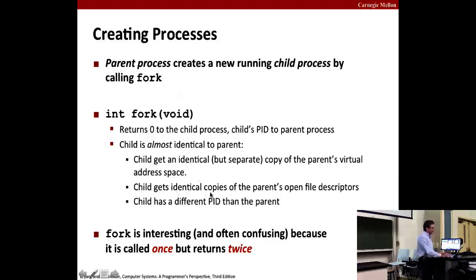The child also gets identical copies of the parent's open file descriptors, so it has access to any open files, including standard in and standard out. The only difference is that the child gets a different process ID than the parent. So fork is really strange because it's called once, but returns twice, once in the parent and once in the child.